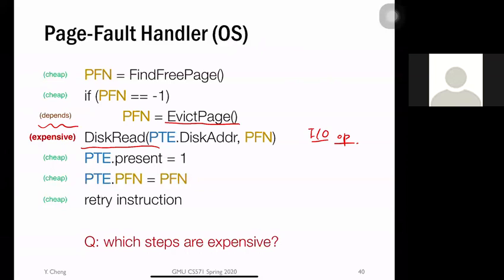If the data that you want to evict needs to be saved, the state is precious. You need to memorize the state, so you need to faithfully evict it out to disk. So in the worst case, if you have to memorize the state, there's an IO operation.